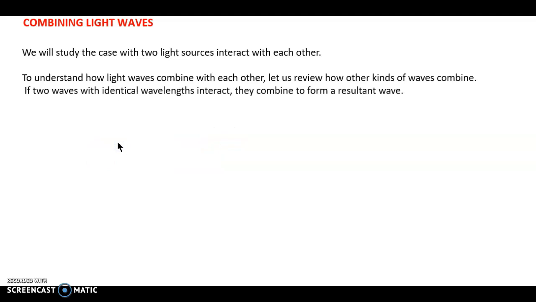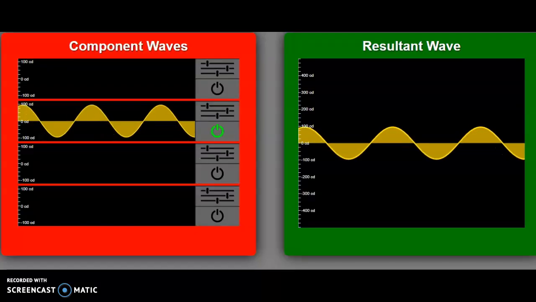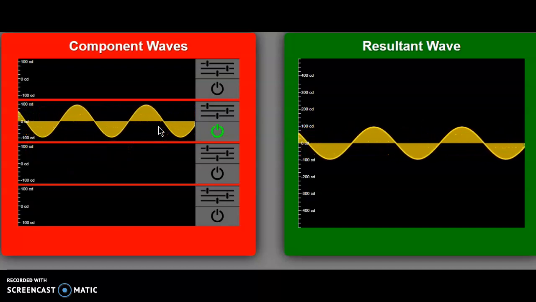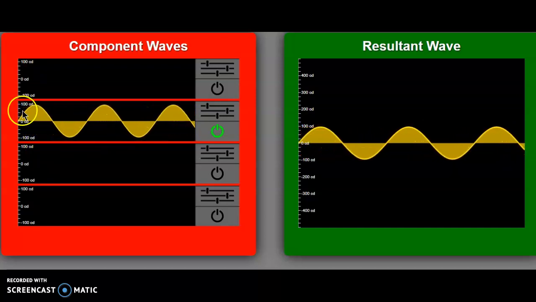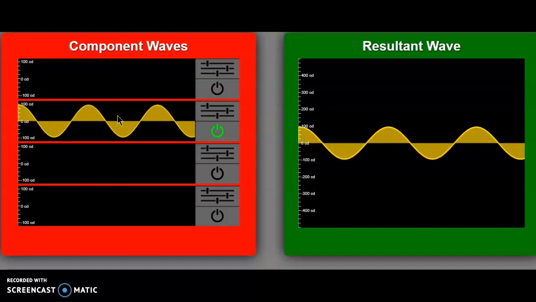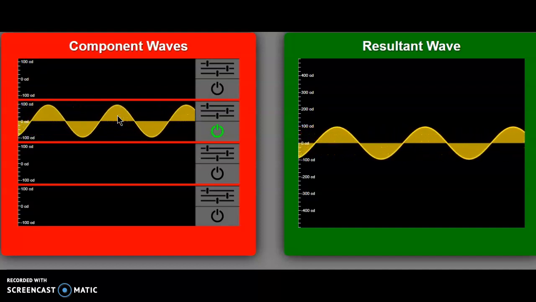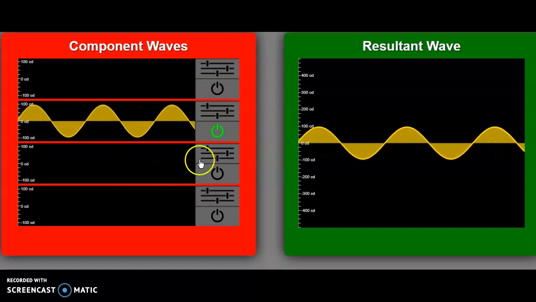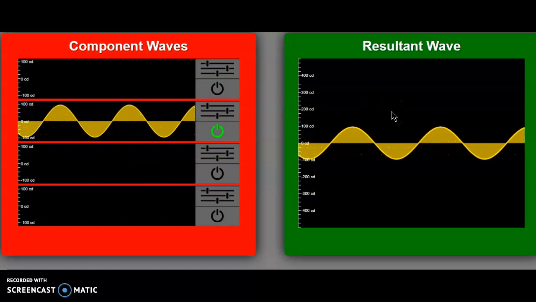If two waves with identical wavelength interact, they combine to form a resultant wave. I have this simulation, you know me, I love simulation. I have this light wave with yellow light. If I add another yellow wave at the bottom, what is going to happen as a resultant wave?